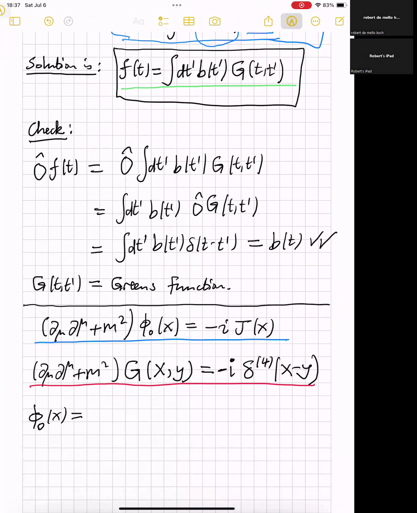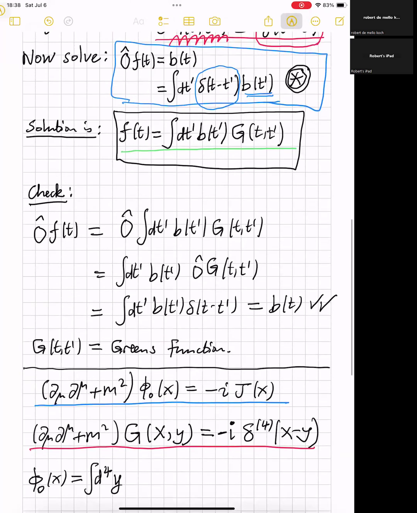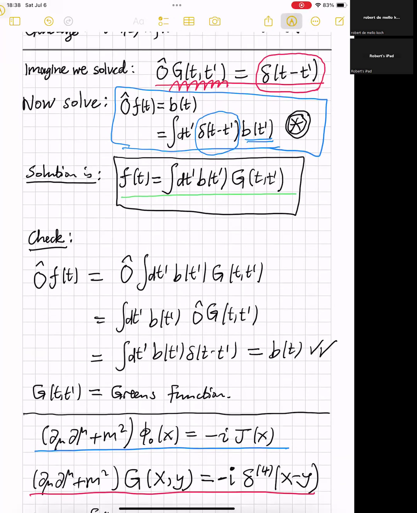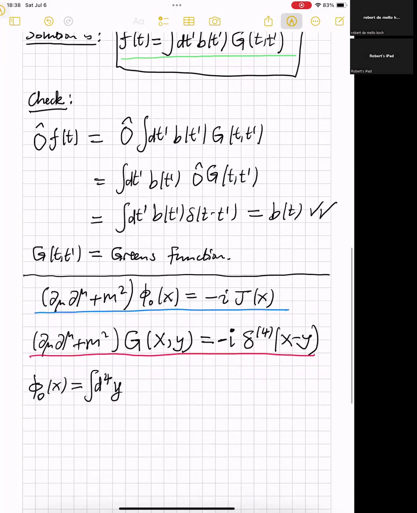So now I'm looking at the equation underlined in green. We have an integral, d4. So t prime we've represented by y. Then we have b of t, and b of t is what appears inside this blue equation. So it would be minus ij of x, that's on the right-hand side. But in actual fact, the minus I we've already included inside the Green's function.